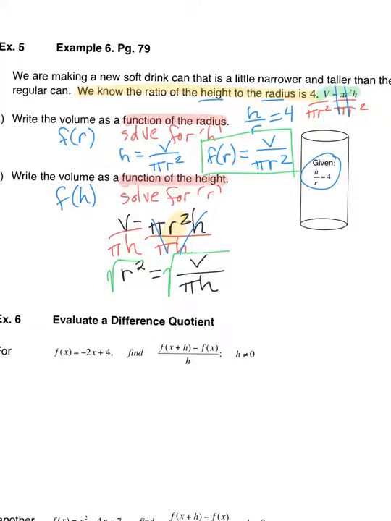Normally we would do a plus or a minus over here, but because v and h have to be positive values and r has to be a positive value, there's no way r can be negative, so we're ignoring the negative part of that. And we end up with r equaling the square root of v over pi h. Then to write it as a function, it would be f of h is equal to the square root of v over pi h.